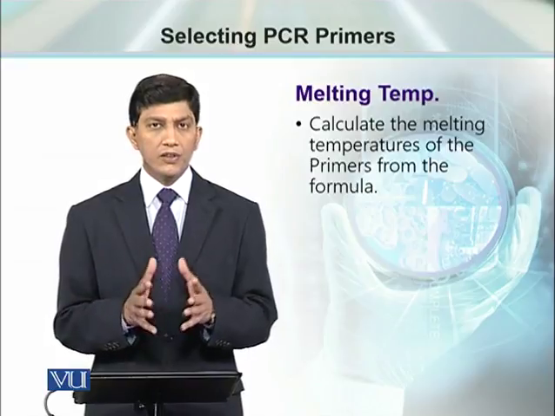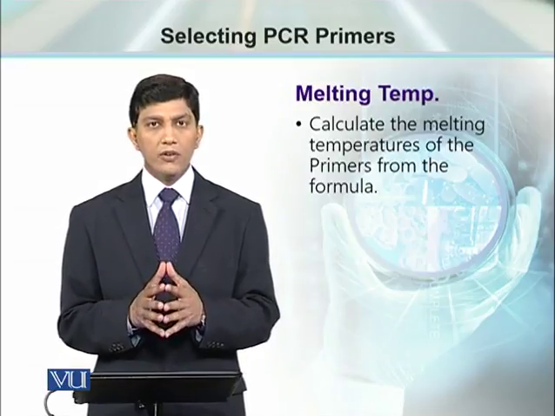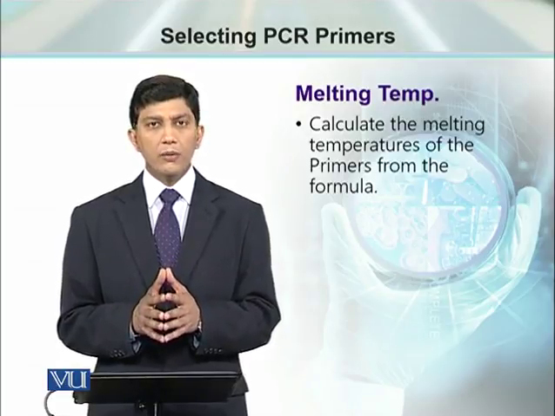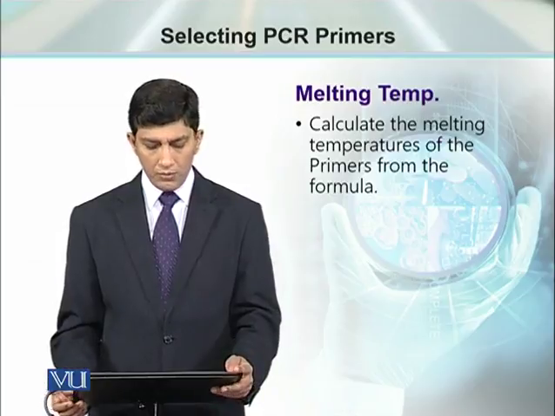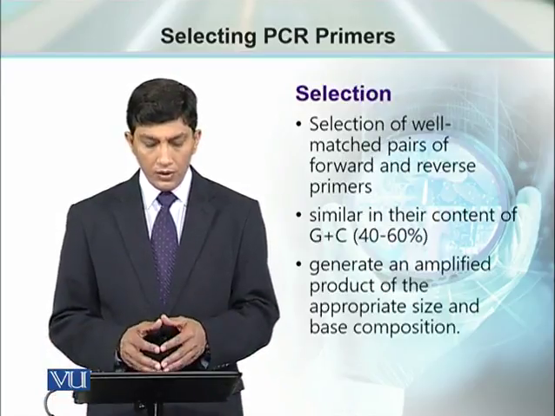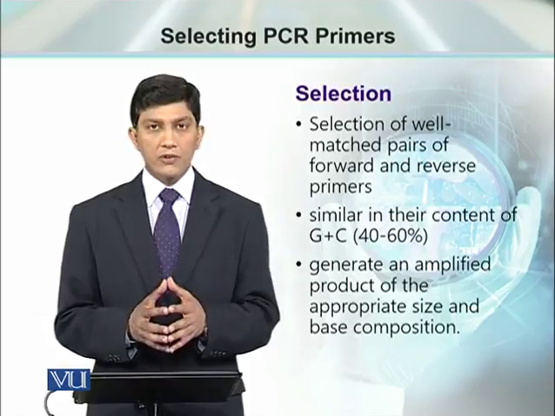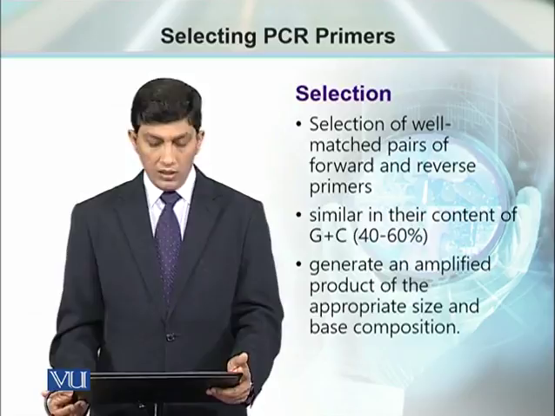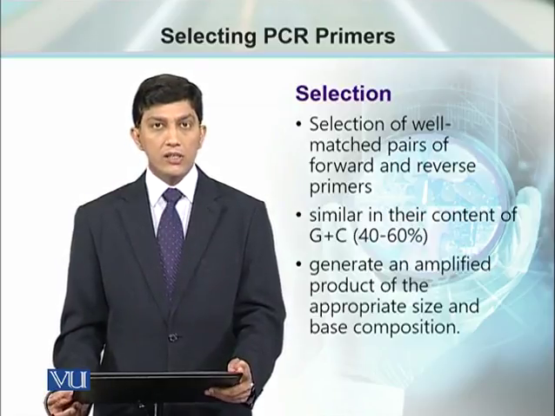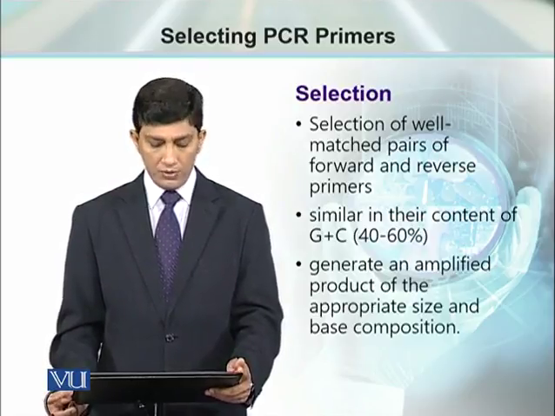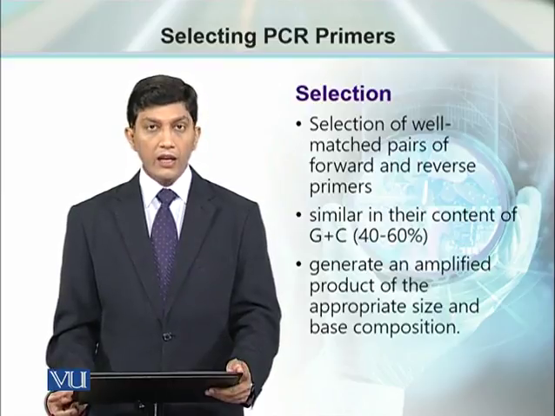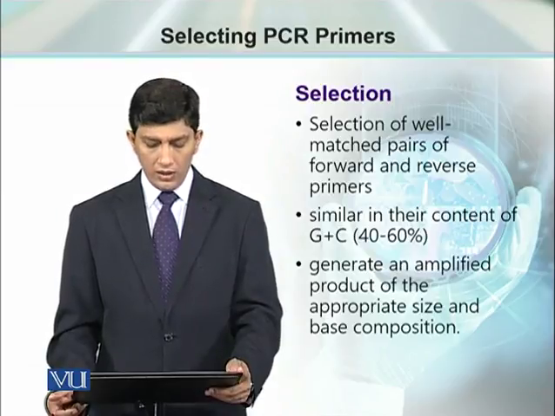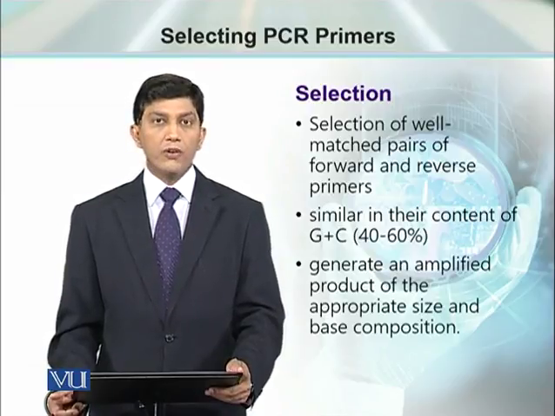Once the design of the primer is determined, we have to calculate the melting temperature of the primer, keeping in view the base composition of the primer. Out of many choices, we have to select well-matched primers that should have GC contents between 40 to 60% and which can generate a product of appropriate size and base composition.